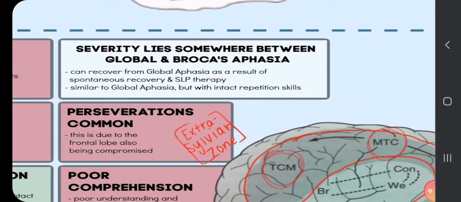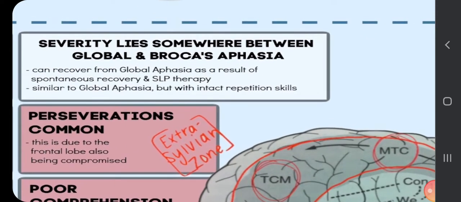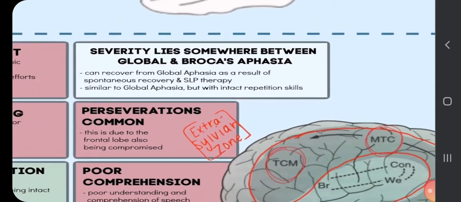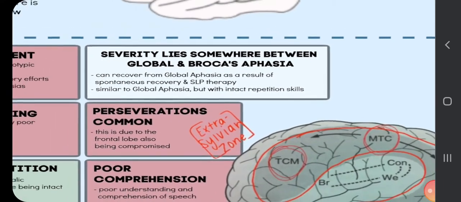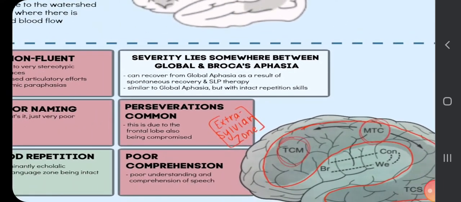The severity lies somewhere between global and Broca's aphasia, and the person can recover from global aphasia as a result of spontaneous recovery and speech therapy. So it is similar to global aphasia but with intact repetition skill.